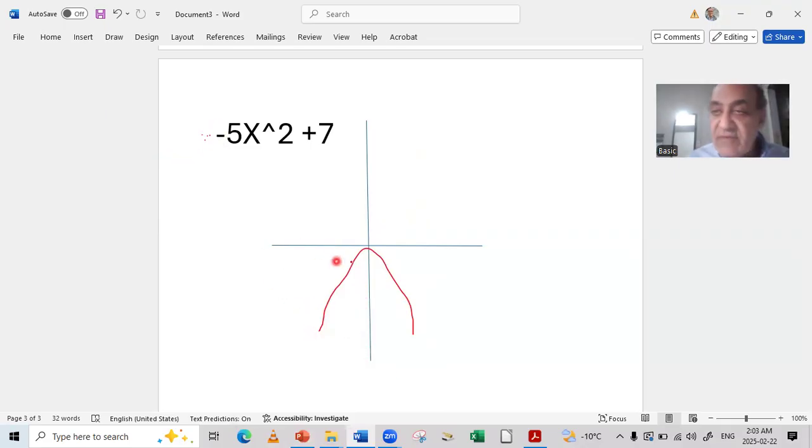The curve will be down, and it will go from quarter 3 into quarter 4. In that case, it will go from quarter 3 into quarter 4. That's how it works.